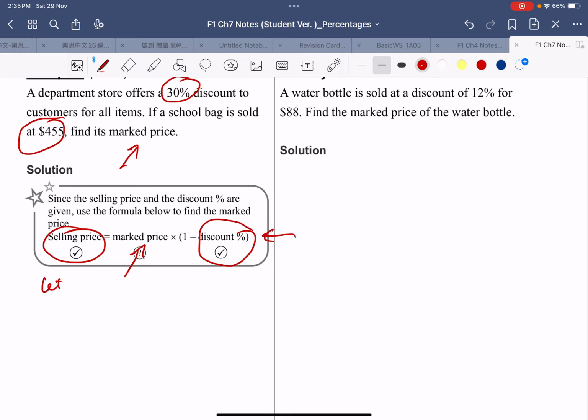So what you're doing is let x be the mark price, and then x times 1 minus 30%, that's the discount, equals 455.